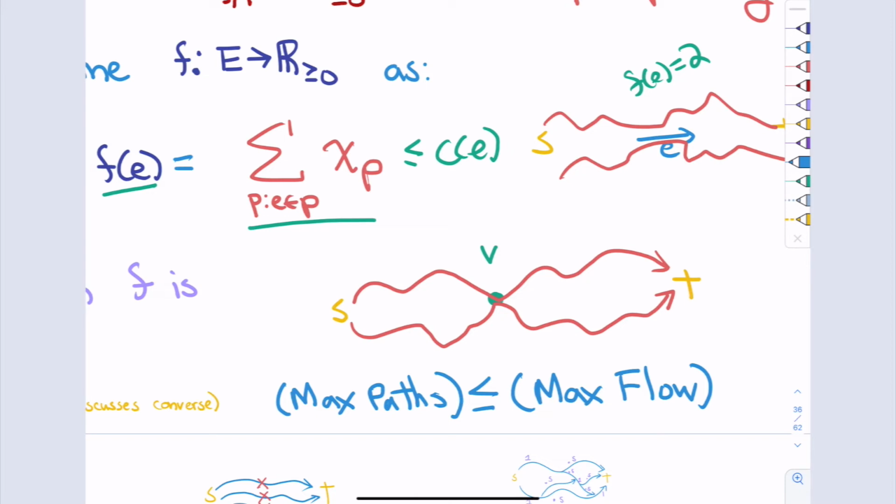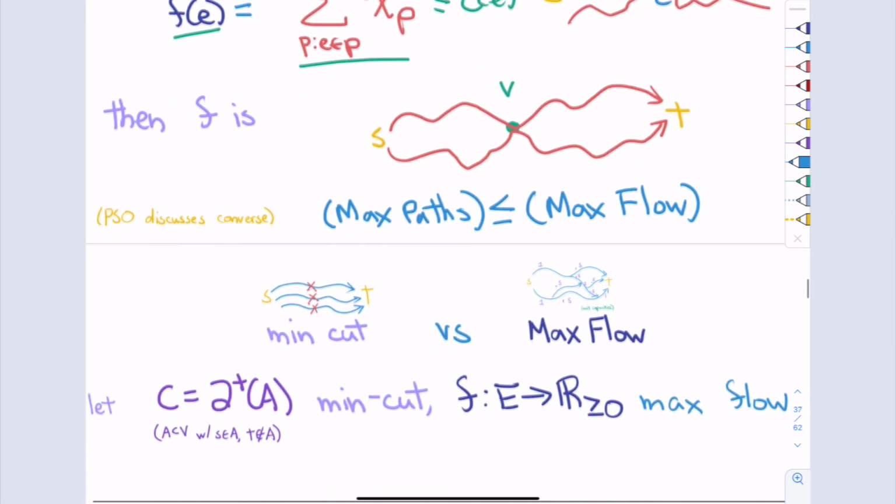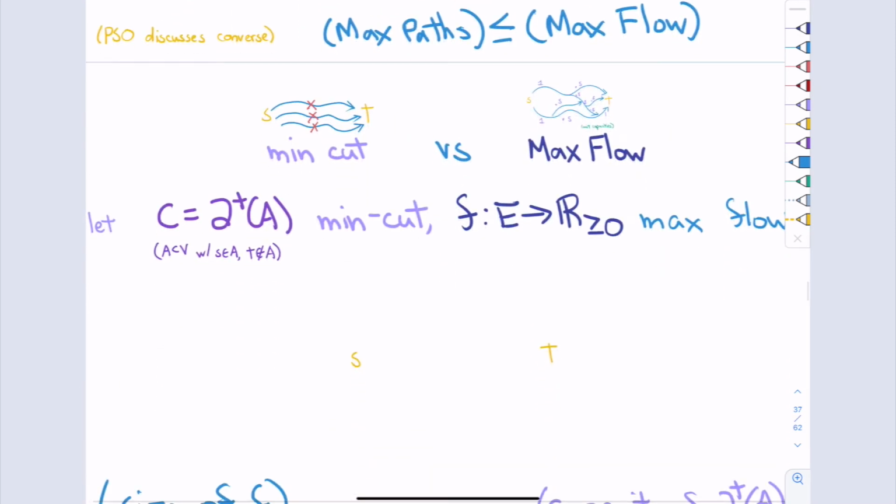Now, what about the minimum cut as compared to the maximum flow?